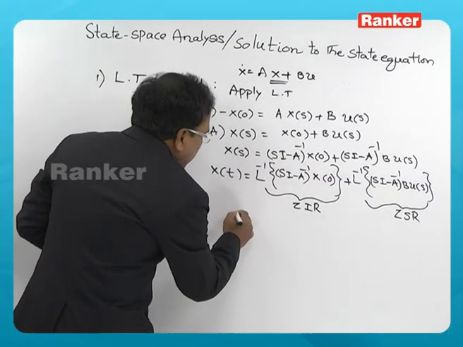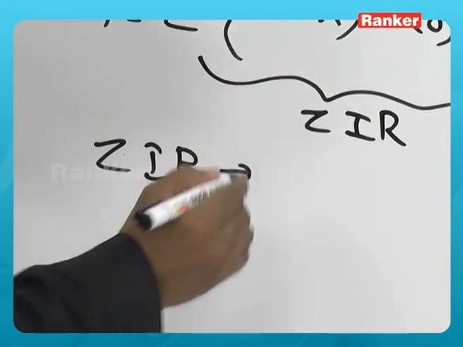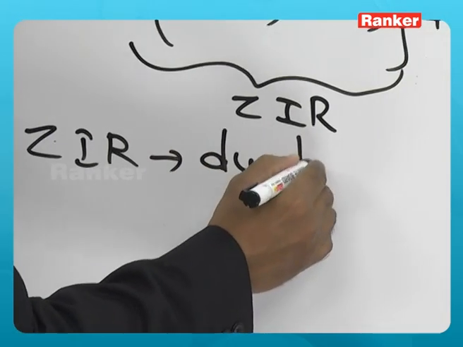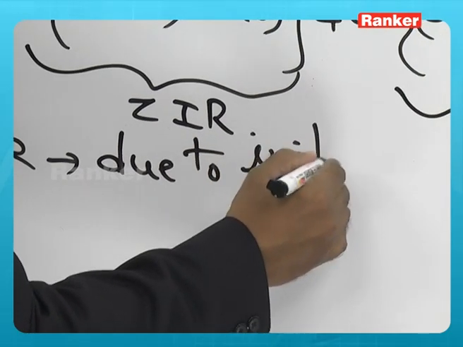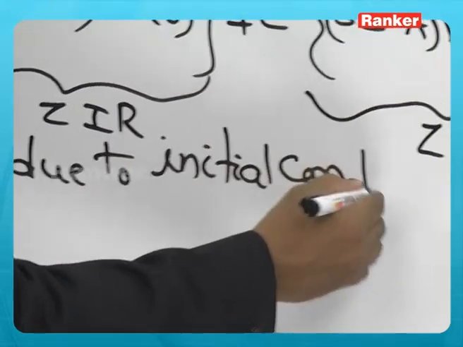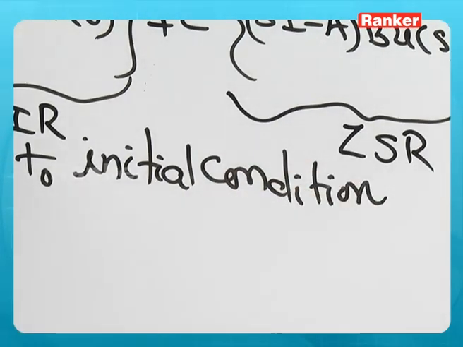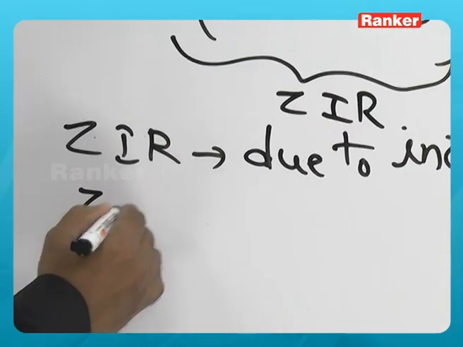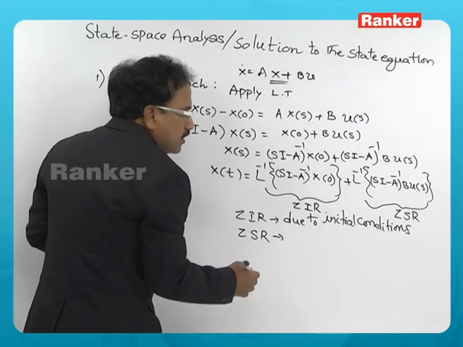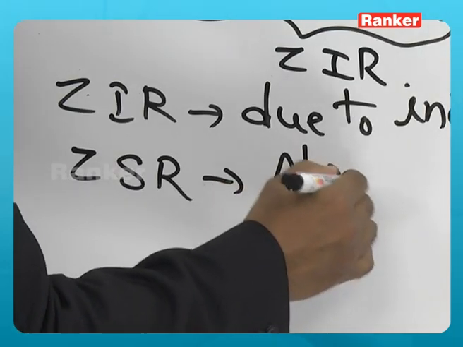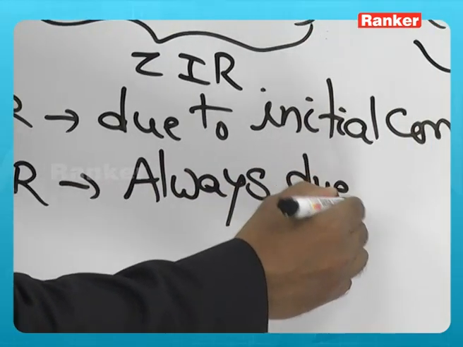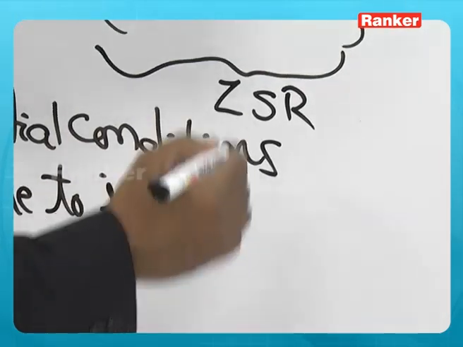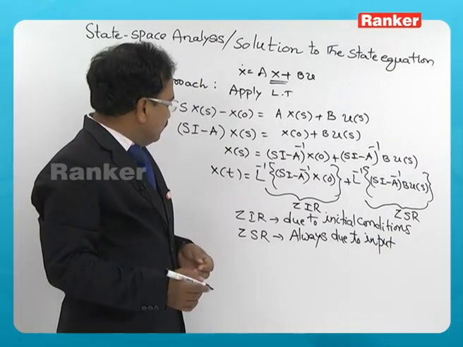The ZIR, the first part of the equation, is due to initial conditions that exist in the system, and the other part, ZSR, the zero state response, is always due to the input that is applied at time t.